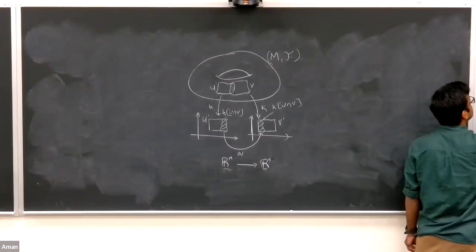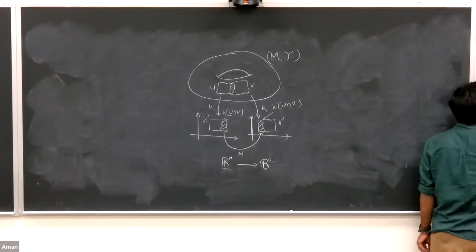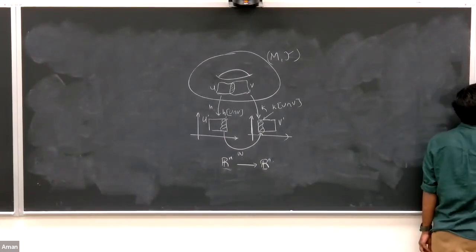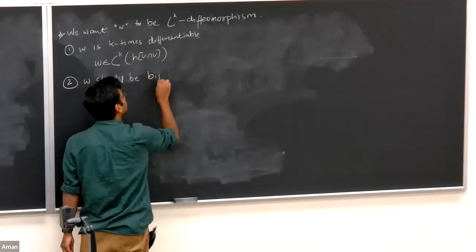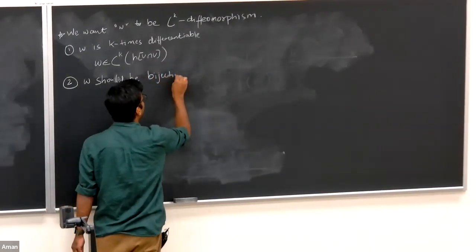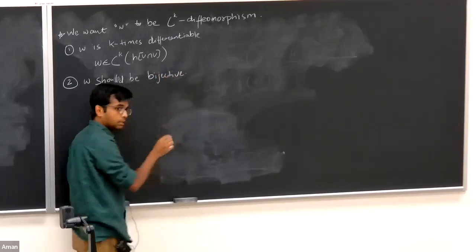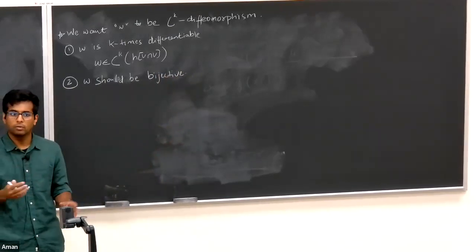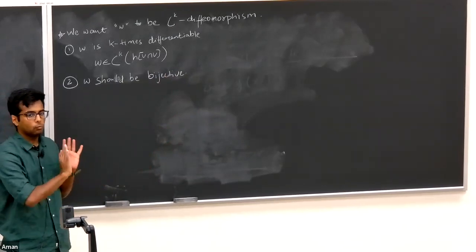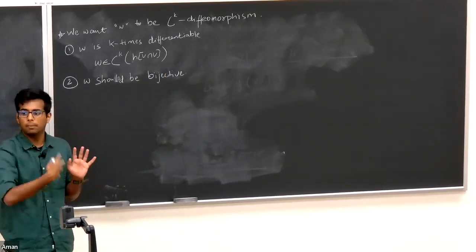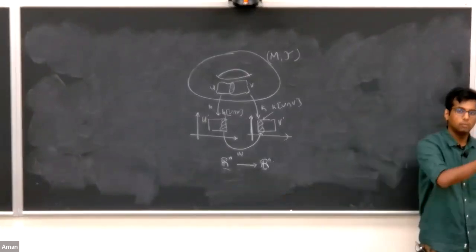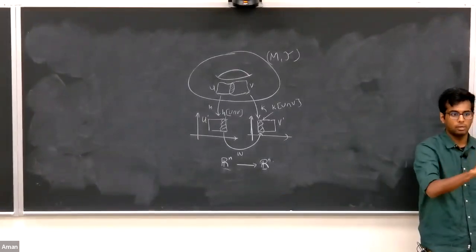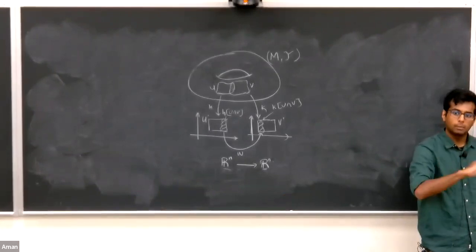Second property is that omega should be bijective. And why do we need it to be bijective? Because we want to be able to go from one map to another and also be able to come back from that map with the inverse existing, so that we can transition between maps in the forward and the backward direction.